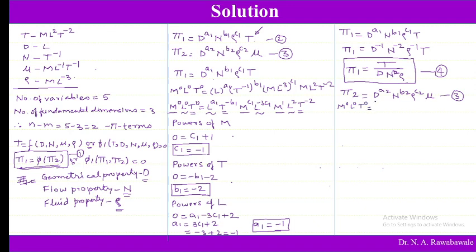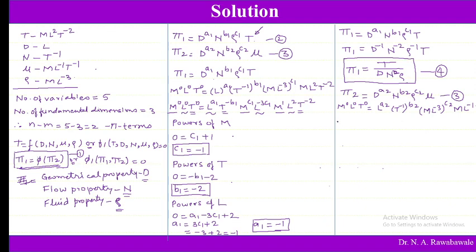Dimension of d is L to the power of a2. Dimension of n is T to the power of minus 1, to the power of b2. Dimension of rho is M L to the power of minus 3, to the power of c2. Dimension of mu is M L to the power of minus 1 T to the power of minus 1.